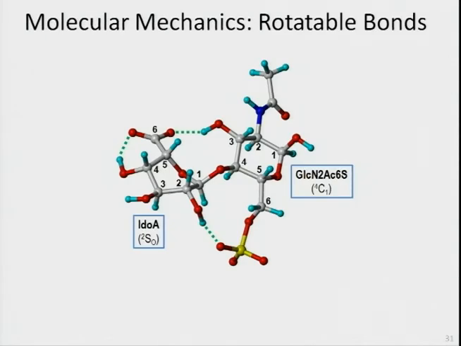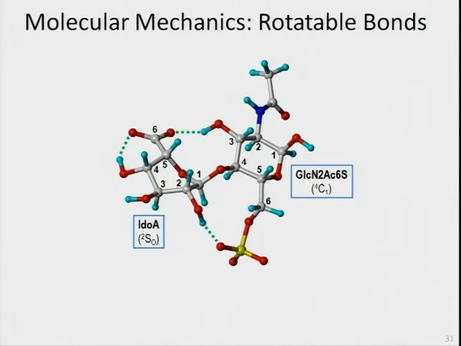Okay, so let's talk about these rotatable bonds. So what I've shown here is a disaccharide unit that's a common component of heparan sulfate. So we have the iduronic acid here in its 2SO conformation.